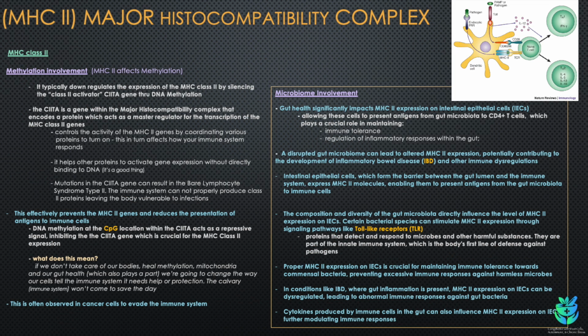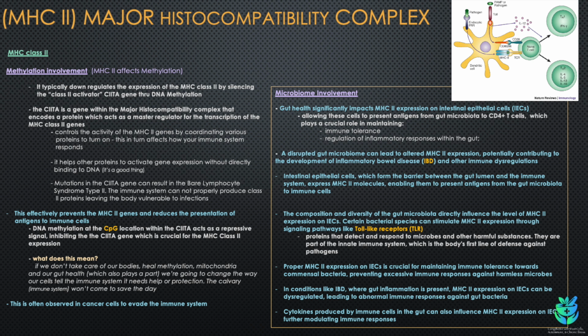The MHC2 affects methylation. It typically downregulates the expression of the MHC class II by silencing the class II activator, or CIITA gene, through DNA methylation. The CIITA gene is a gene within the major histocompatibility complex that encodes a protein which acts as a master regulator for the transcription of the MHC class II genes.